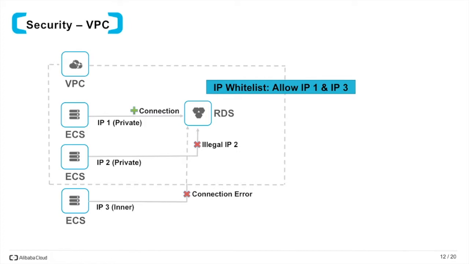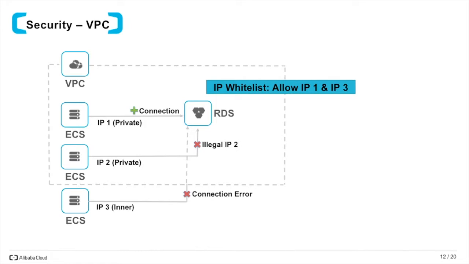This makes it very secure. Basically, if the ECS network type is classic, all ECS and RDS have different VPC configurations. The application or ECS can't access RDS because the VPC is isolating the network traffic.